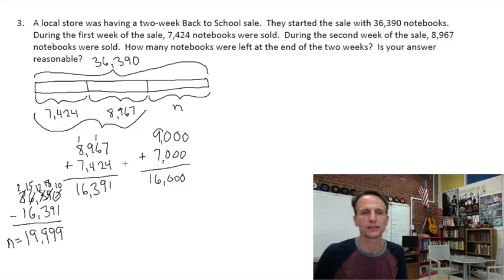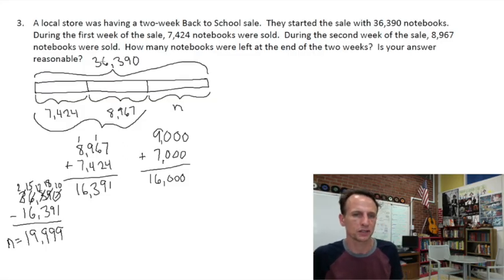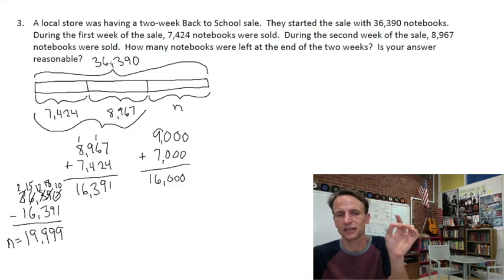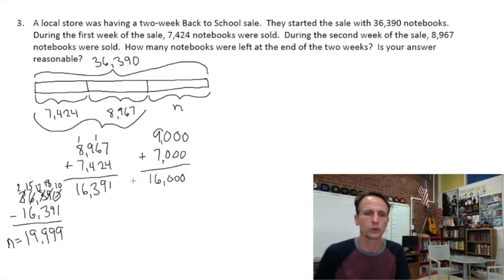So let's round that to the nearest thousand. 36,390. What thousand does that round to? Looking at this, we have 6,000. 1,000 more is 37,000. Midpoint is 36,500. Yes, it's below, so it's going to round down.